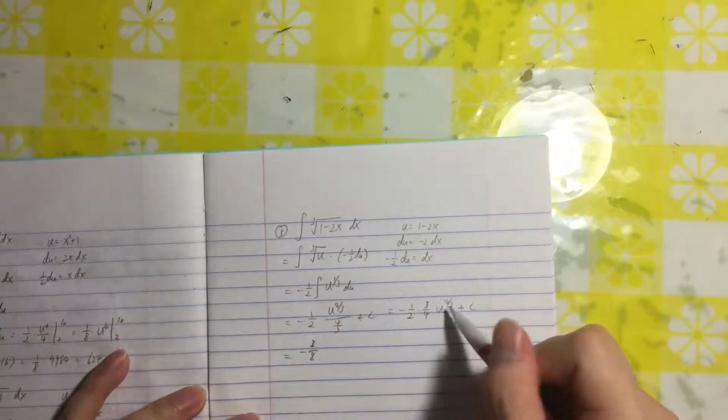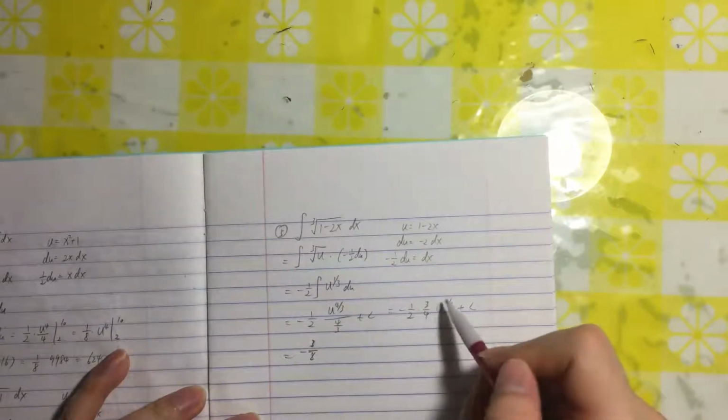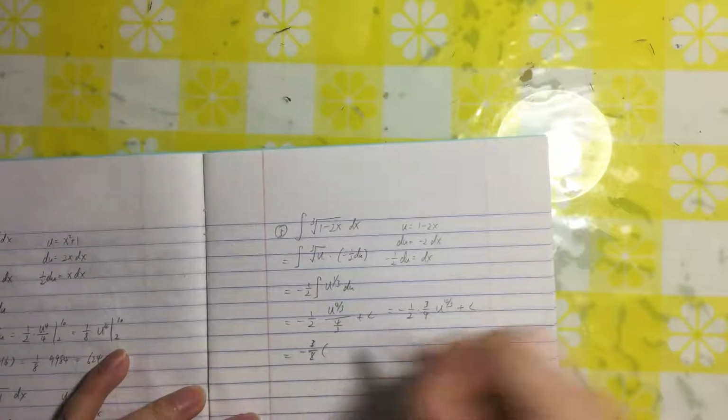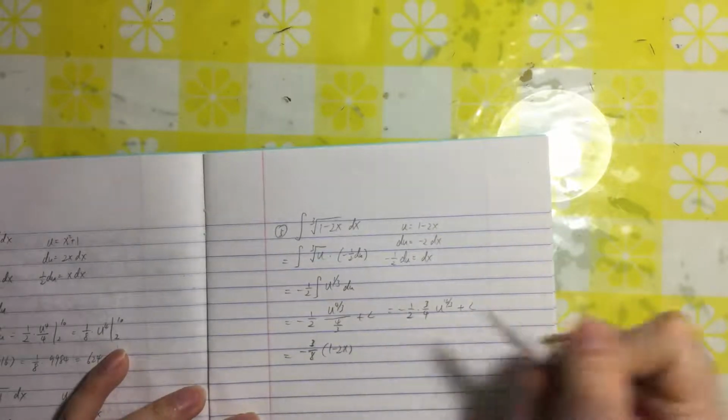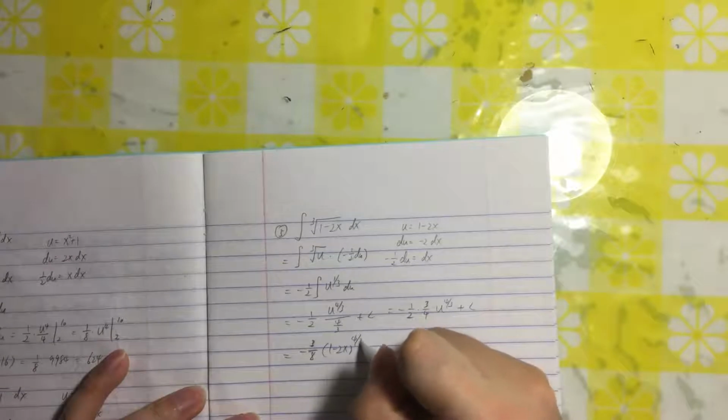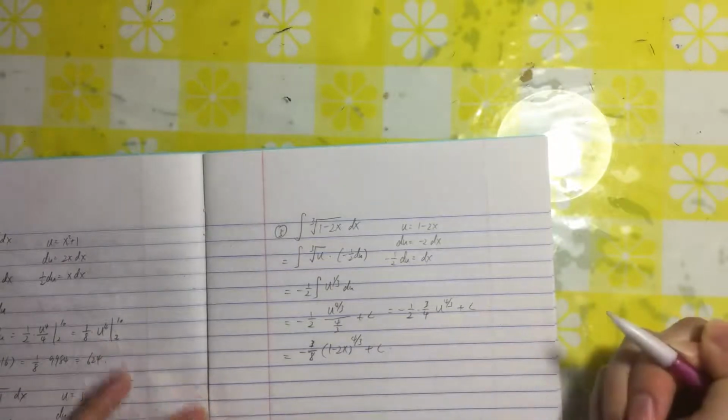Then, for the final answer, always replace u with a function of x. This u here is 1 minus 2x, raised to the power of 4 over 3 plus c.